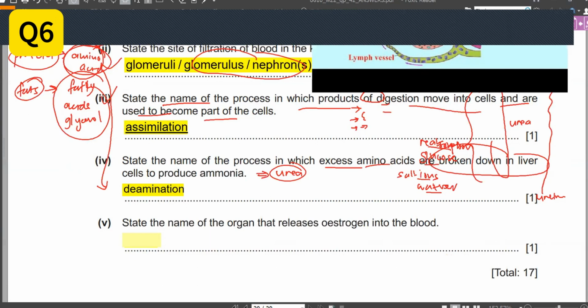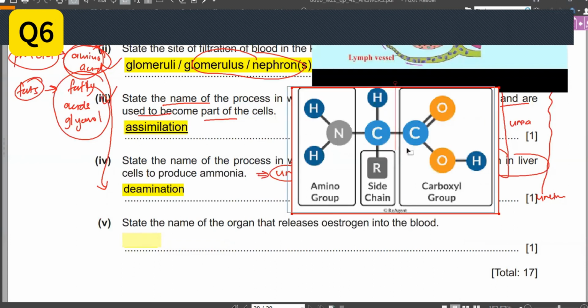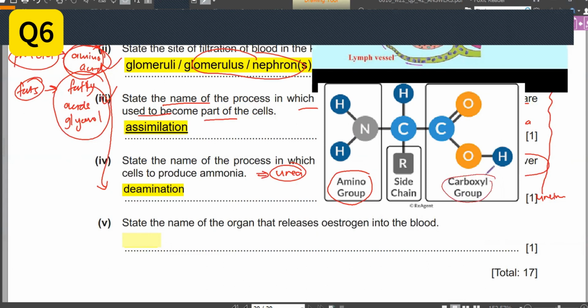What do we mean by deamination? We can have a quick look. This is the structure of the amino acid. It has three main parts. Any amino acid will have an amino group, which is NH2, and a carboxyl group, which is COOH. All of the amino acids have these two structures, and they always have one hydrogen atom here.